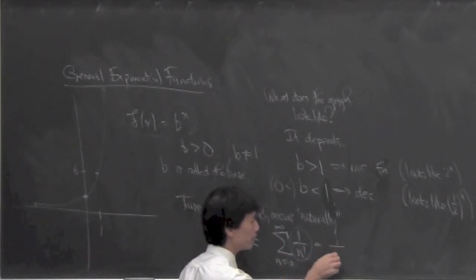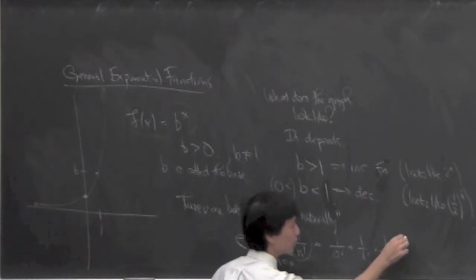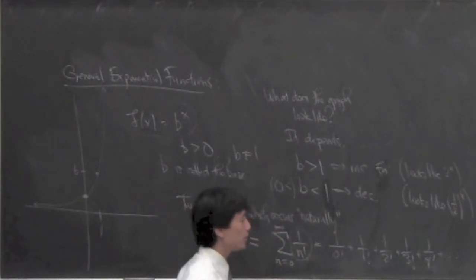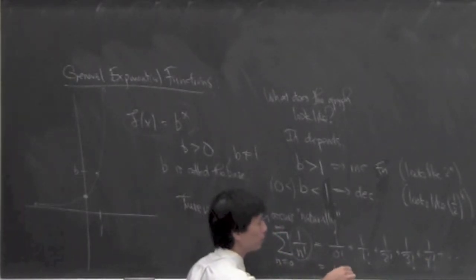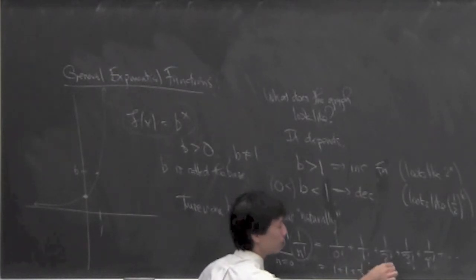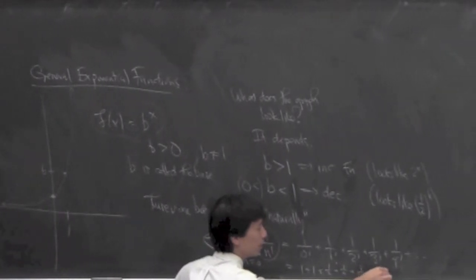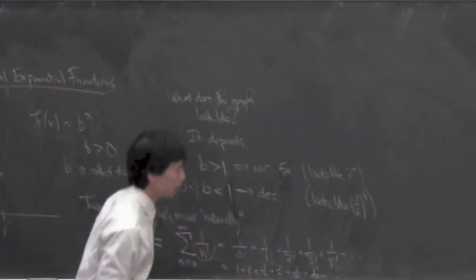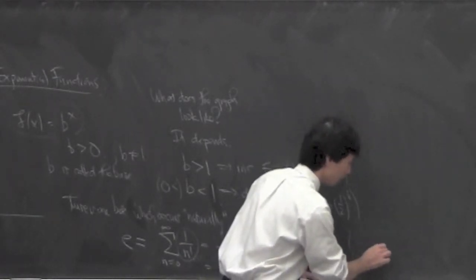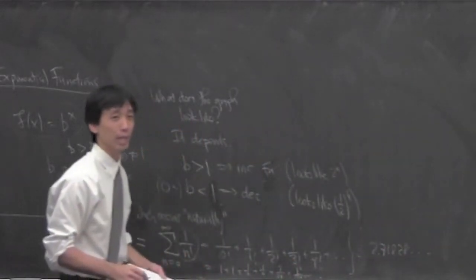That is 1 over 0 factorial plus 1 over 1 factorial plus 1 over 2 factorial plus 1 over 3 factorial, etc. If you keep on going, this sequence of numbers, 1 plus 1 plus a half plus a sixth plus a 24th plus 1 over 120 plus etc., tends towards a particular number that occurs over and over in mathematics. And that number is given a name called E.